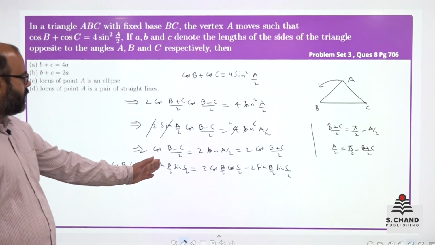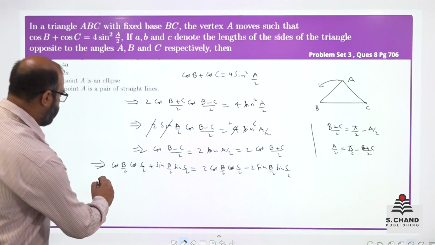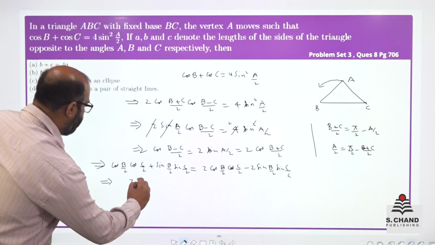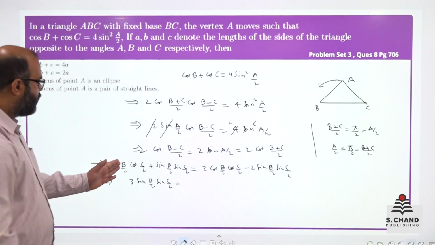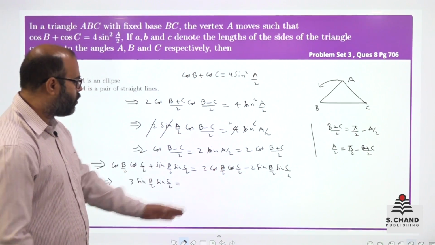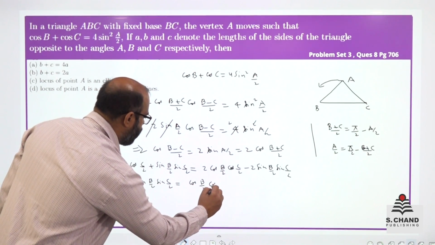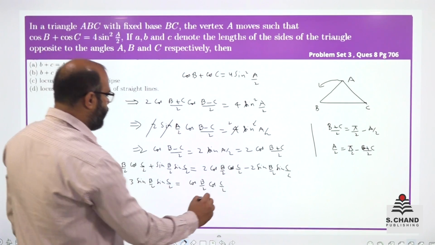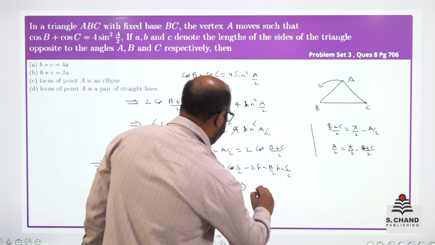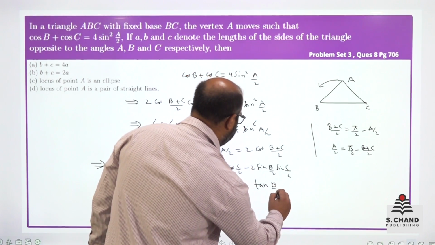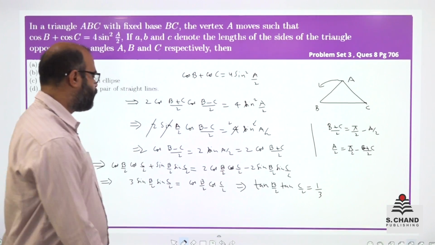Now let us take the sine terms on the left hand side. This will become 3 sin B by 2 sin C by 2, and take the cos term on the right side, so 2 minus 1, that is 1, cos B by 2 cos C by 2. Sin by cos will be tan. So tan B by 2 into tan C by 2 is equal to 1 upon 3.